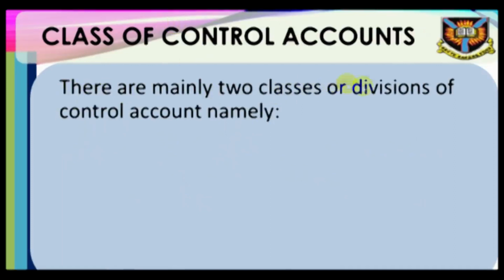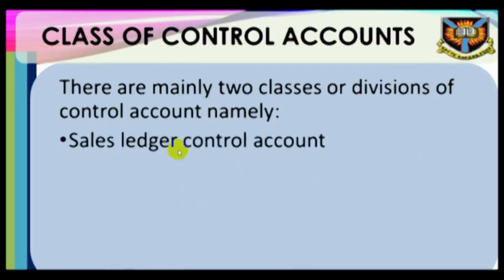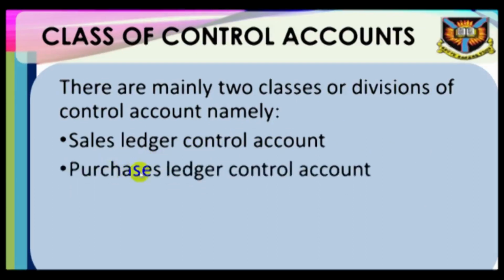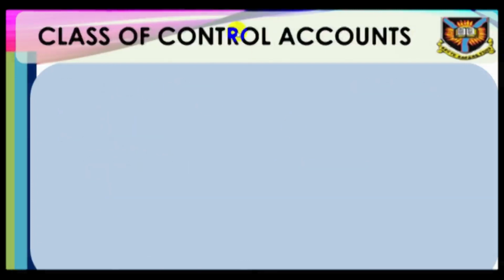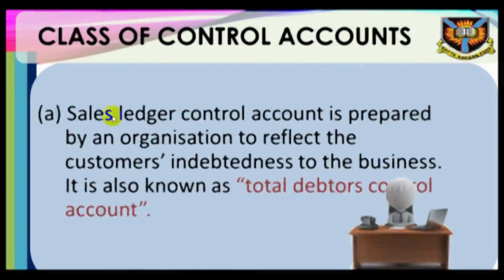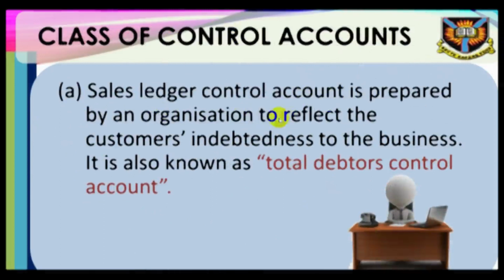Classes of control account. There are mainly two classes or divisions of control account, namely sales ledger control account and purchase ledger control account. Sales ledger control account is prepared by an organization to reflect the customers' indebtedness to the business.